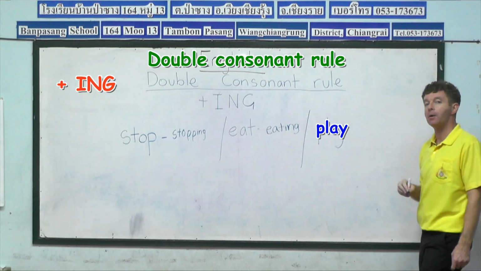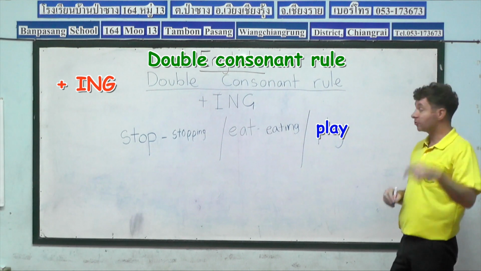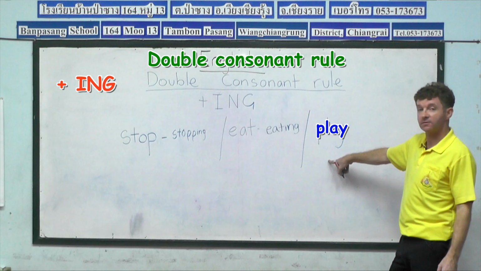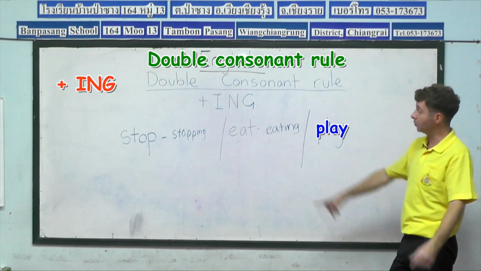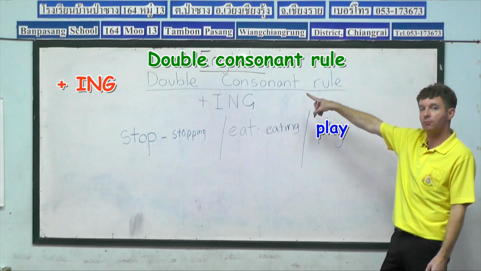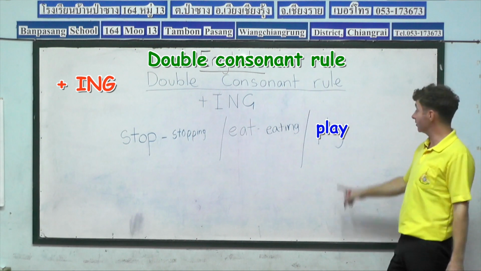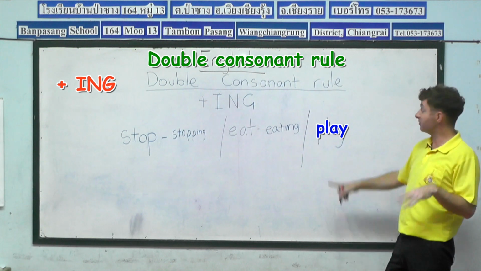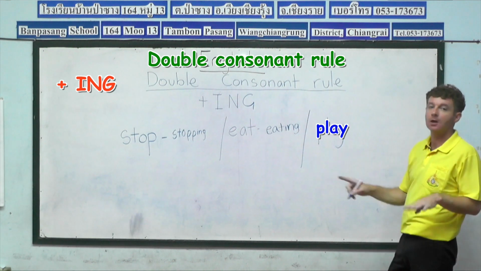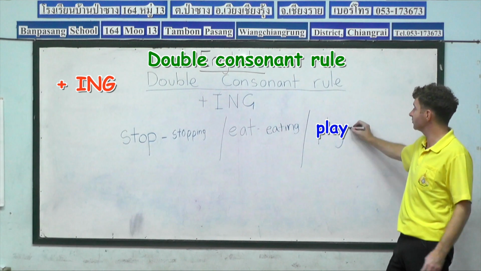Vowel. Y, vowel or consonant? So we have consonant, vowel, consonant. Normally, we'd have to do the double consonant rule. But if the final consonant is a Y, we don't need to. If the final letter is Y, guys, no need for the double consonant rule.